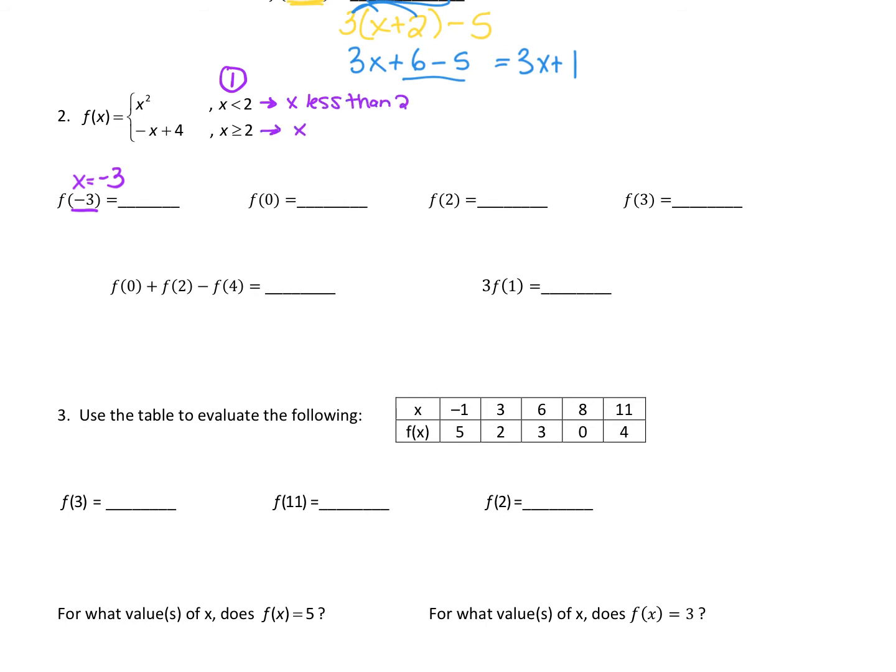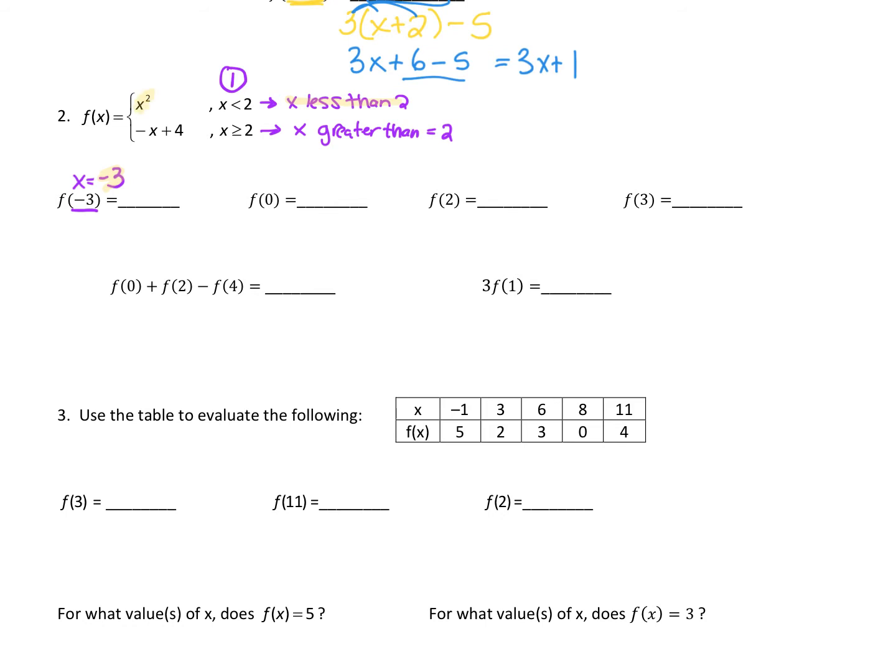This bottom one says x is greater than or equal to 2. So if I think about negative 3, it would be less than 2, so that means I'm going to plug it into x squared.